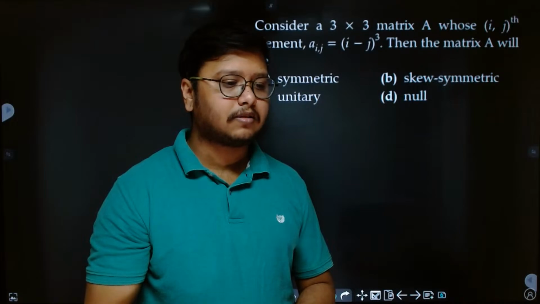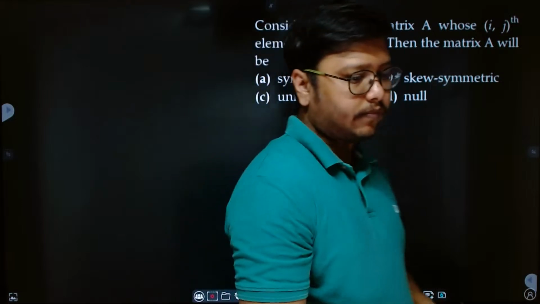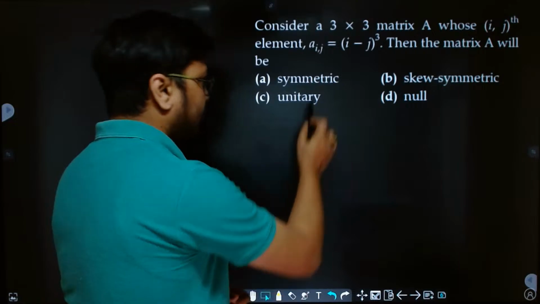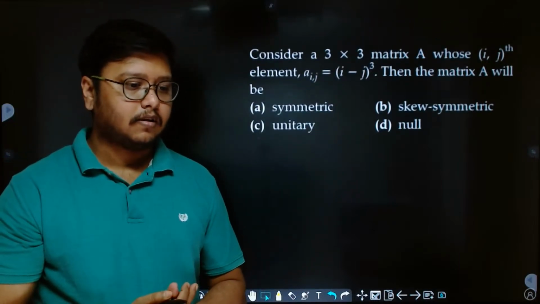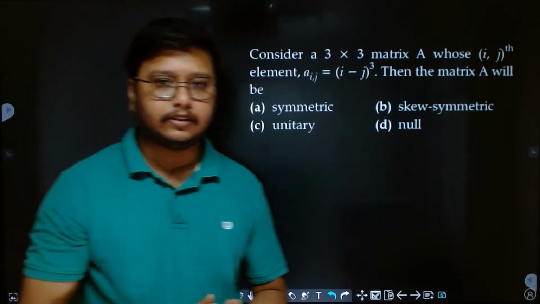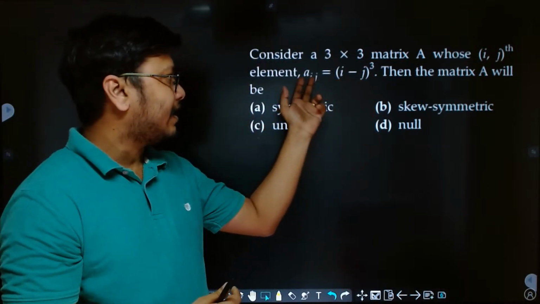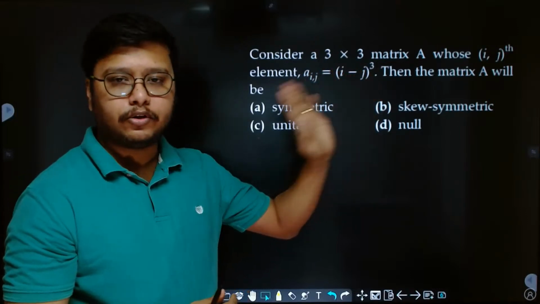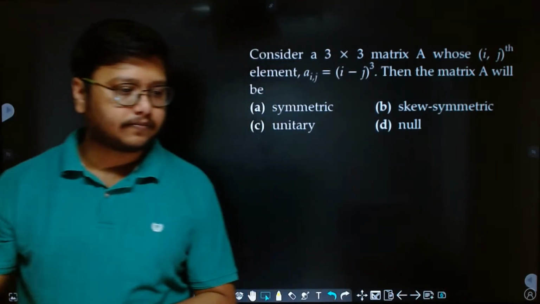Come on, this is not very difficult. This should be an easy question. Just figure out how this formation is working. The value at the (i, j) position is given by (i minus j) whole cube. So figure out the values, and the moment you get the matrix, you should be able to answer.